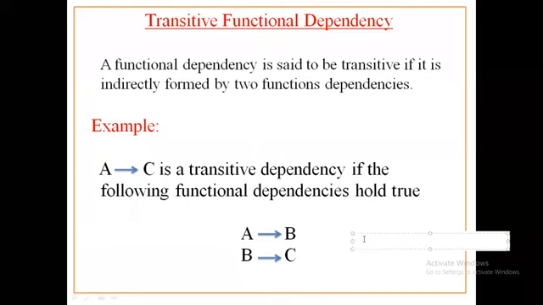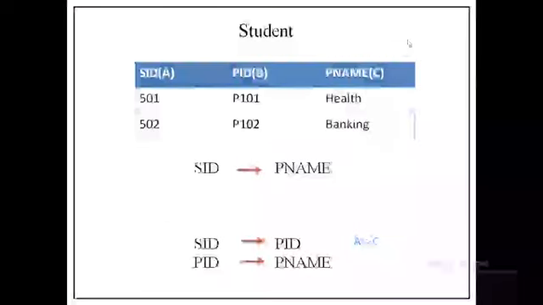If the condition is like this, that is called transitive functional dependency. So obviously C depends on A.